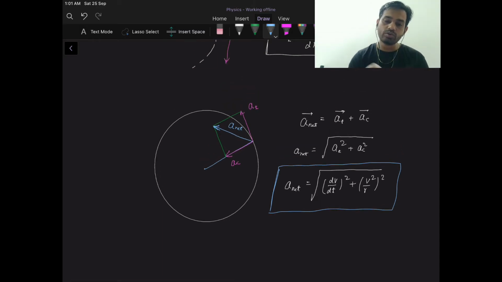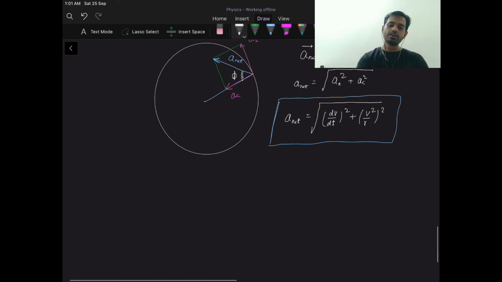We can also determine one more thing. Which one? We can also determine this angle. So this angle we can say is phi. So we can find the value of tan phi.